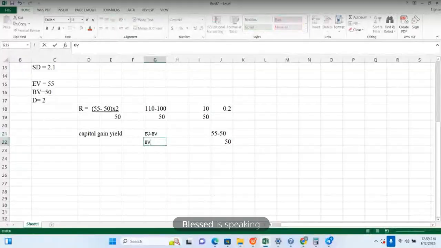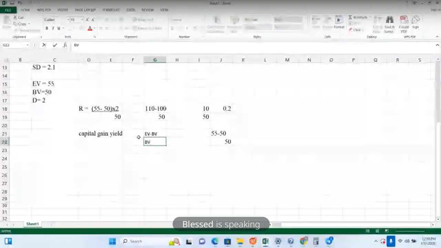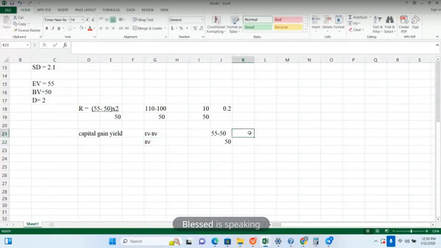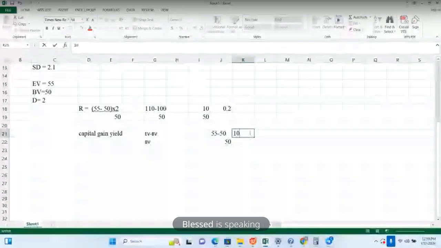And we know what all this means: EV is the current value at the end, BV is the value at the beginning. So that's actually the formula. Then we have 10%.